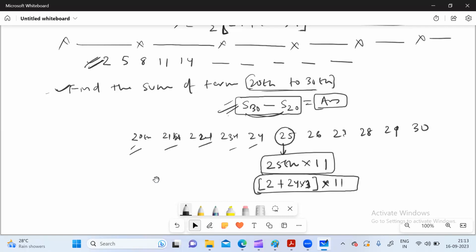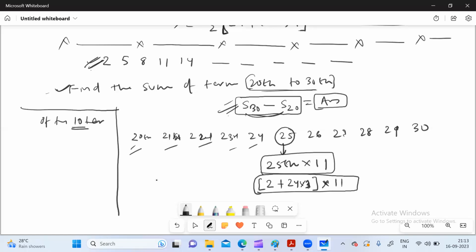Sometimes you might not get an exact middle term or average term. Like if I take the example, find the sum of the first 10 terms. So you know for the first 10 terms there is no middle term.